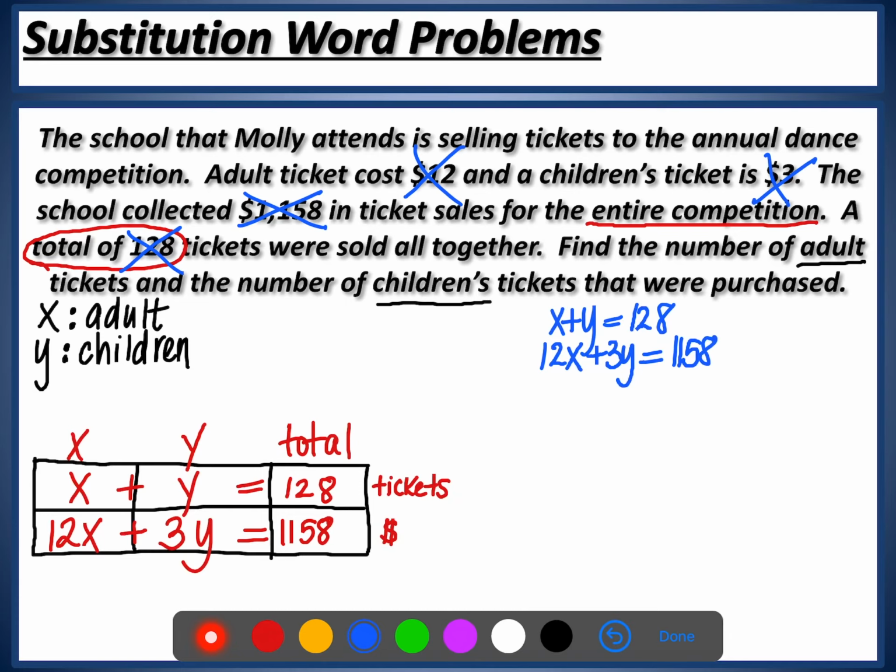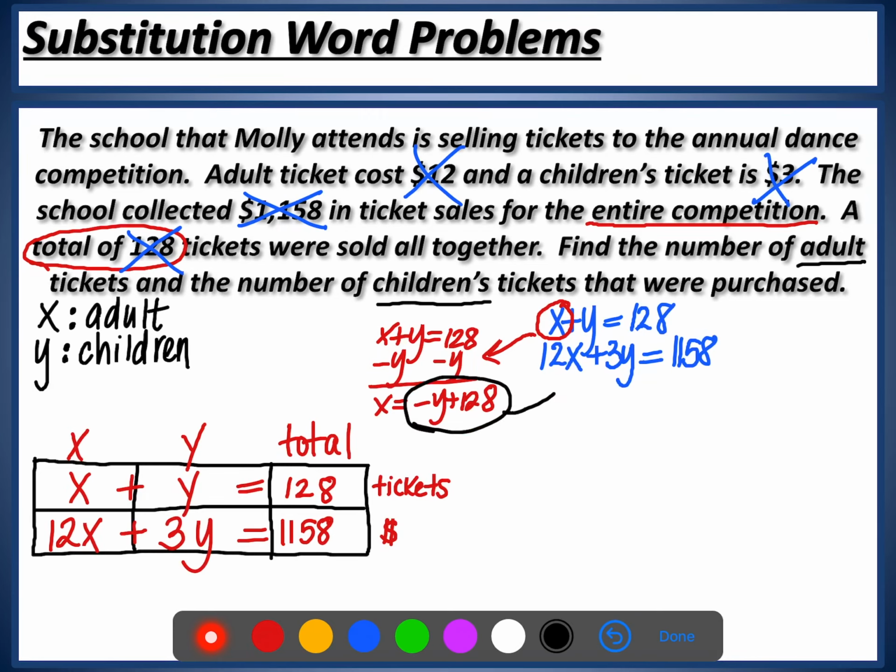So now we're going to use substitution to solve this problem. Okay, so I see that my first equation has a variable that I could isolate. And really, you could isolate for either one of those. So I'm just going to solve for X. Okay, and that is what I'm going to substitute in to my other equation.